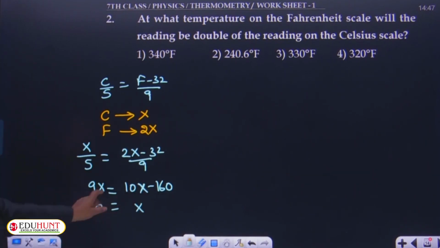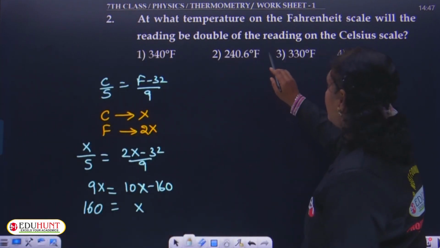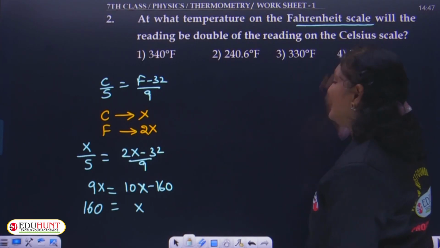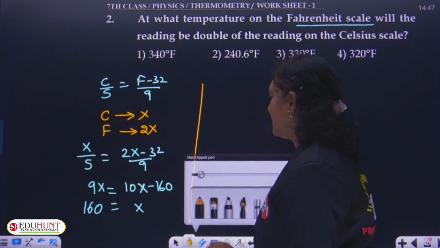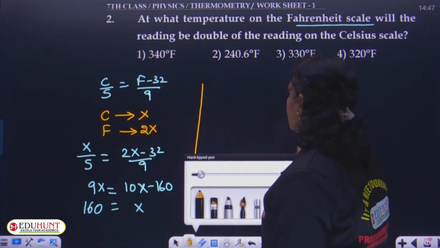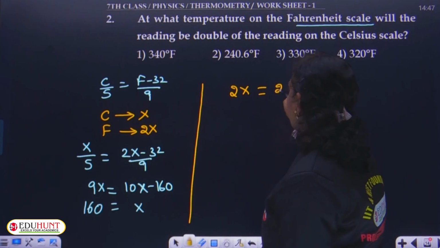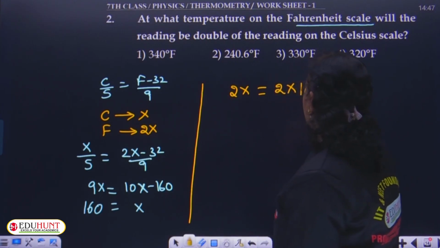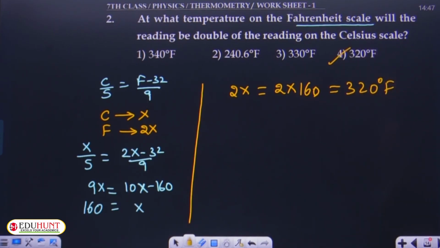So, x is found to be 160 degrees, and you are asked to find the value of 2x, the temperature on the Fahrenheit scale. Since x is 160, the reading on the Fahrenheit scale is 2x, that is 2 into 160, which equals 320 degree F. The correct option is option 4, that is 320 degree F.